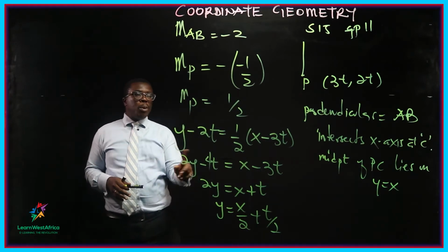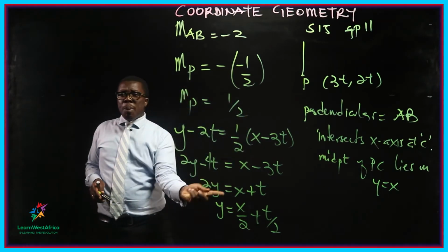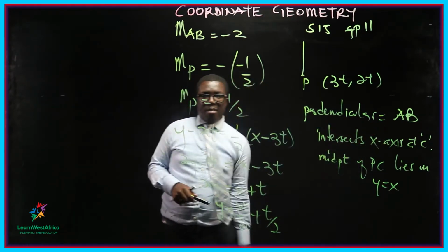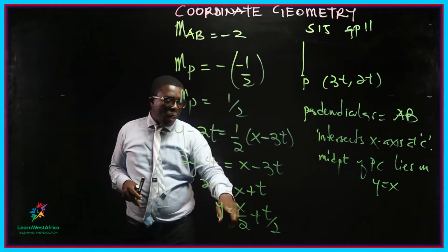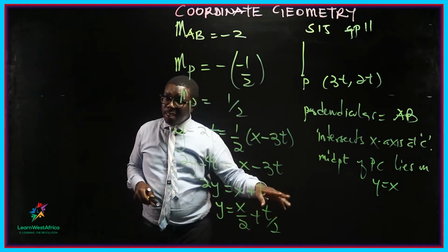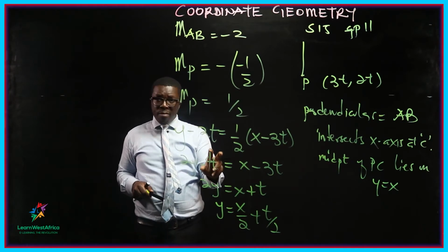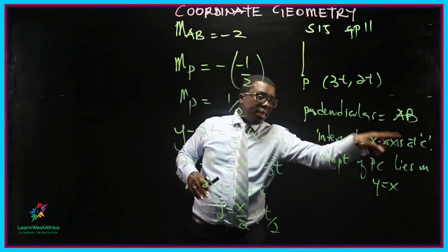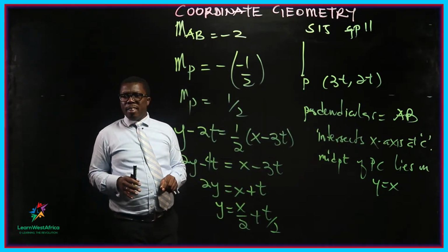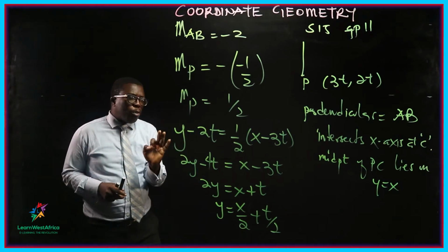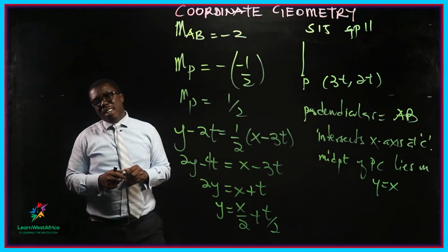Now that we know that, the question says that this perpendicular intersects the x-axis at C. You have y is equal to x over 2 plus t over 2, and this intersects the x-axis at C. That's what the problem is saying. So if it intersects the x-axis at C, we have to find that point of intersection.